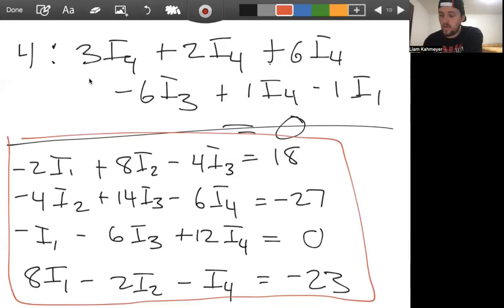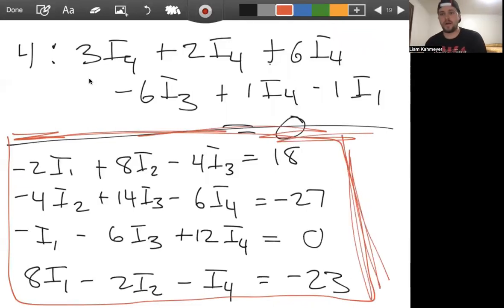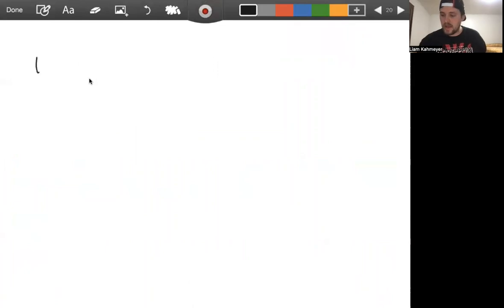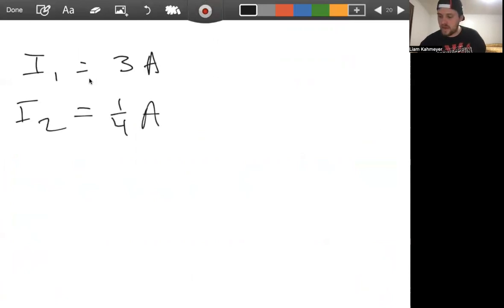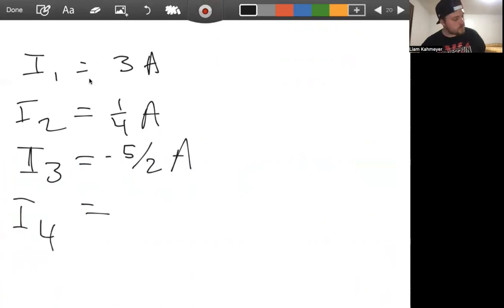And if you solve this system of equations using our methods of writing this as an augmented matrix and converting the augmented matrix to reduced row echelon form, and this would be a very good example to work out on your own, you will get that I1 is 3 amps, I2 is 1/4 amps, I3 is -5/2 amps, and I4 is -3/2 amps.